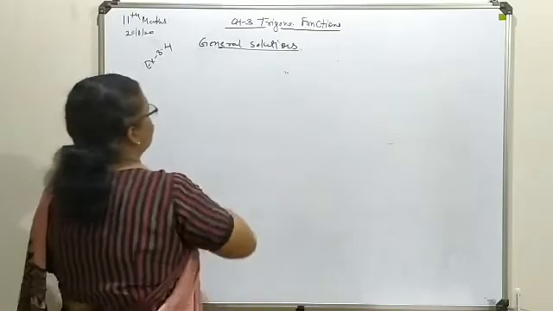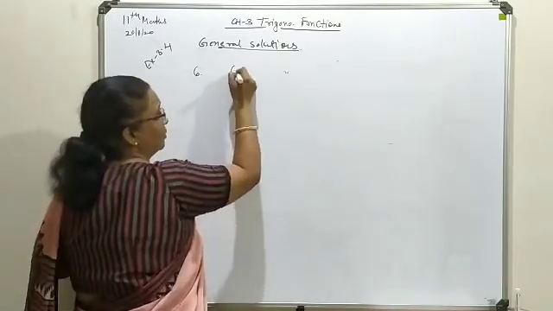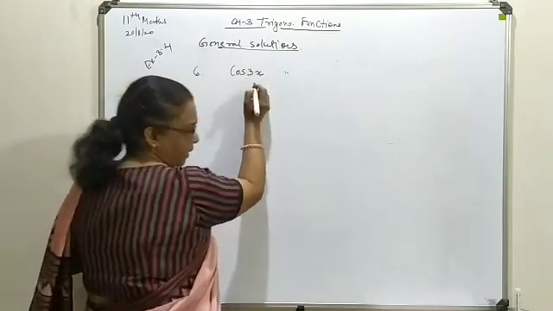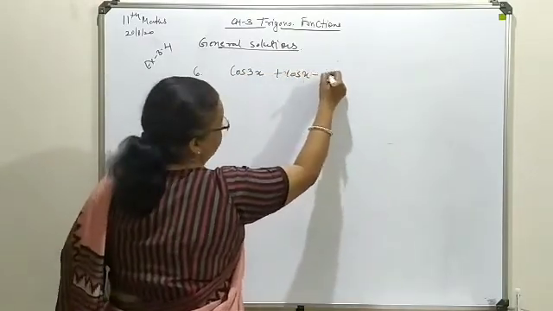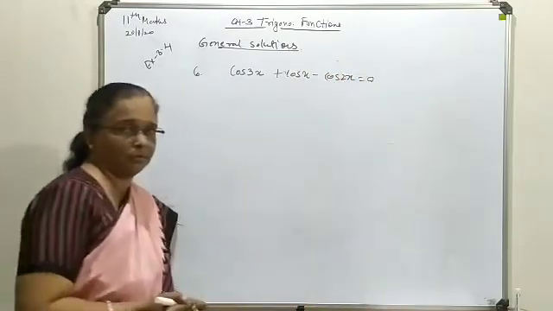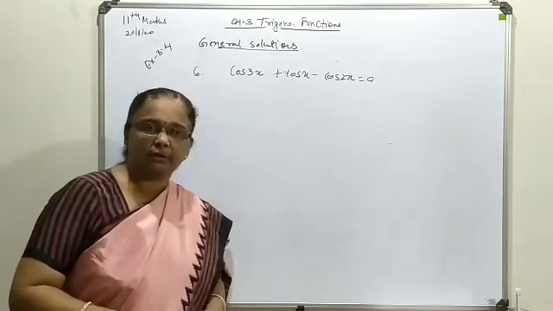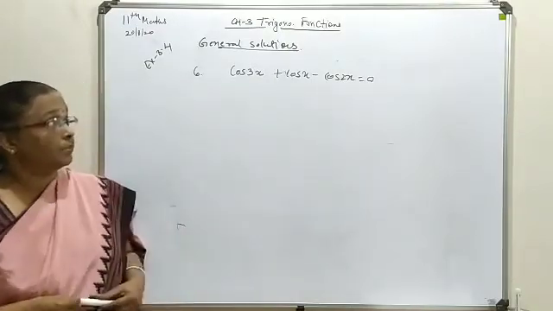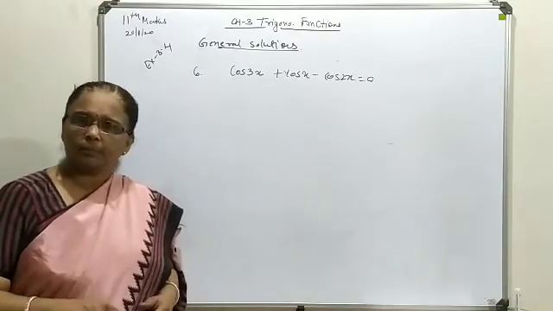In the 6th one, the question given is cos 3x plus cos x minus cos 2x is equal to 0. In this type of combination, you have to think about the given angle forms. On addition or subtraction, some common angle you can produce.